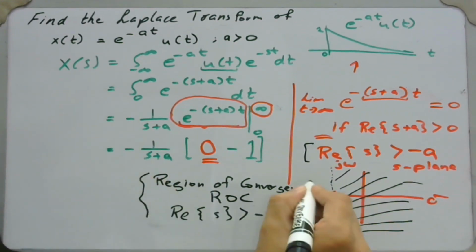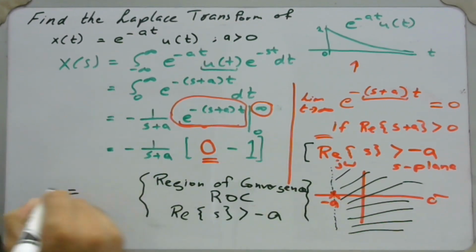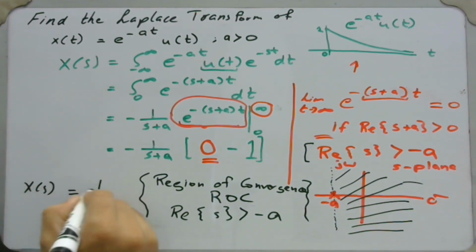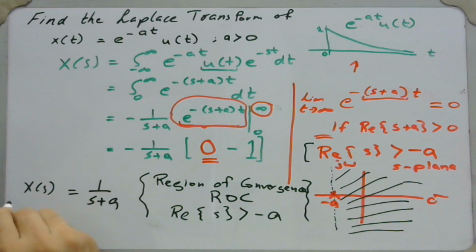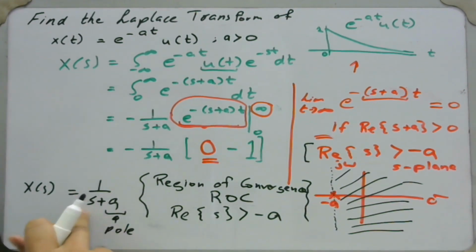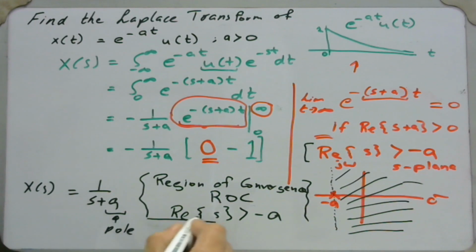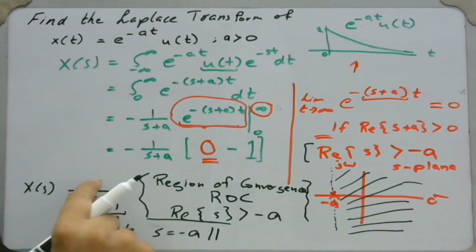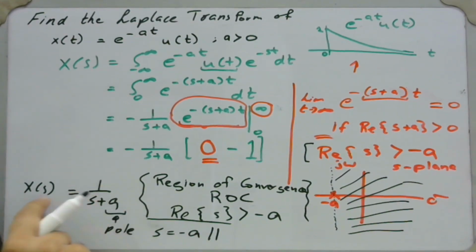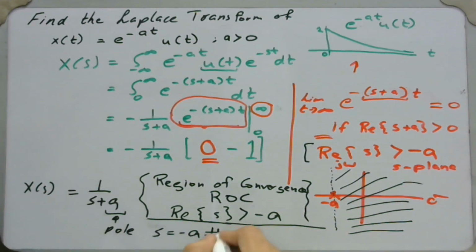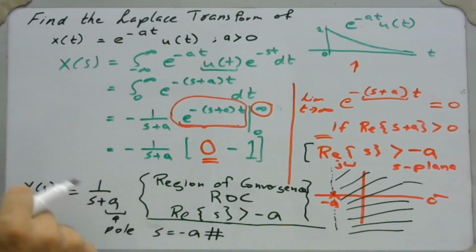So for this region of convergence, the algebraic expression X of s is simply 1 over s plus a. Minus a is something that we call a pole, which are in the denominator of this rational function, and they suggest that for our given case, if we set s equal to minus a, then s plus a would be 0, so we would have 1 by 0 and X of s would go to infinity. So the poles determine when this function X of s would go to infinity.